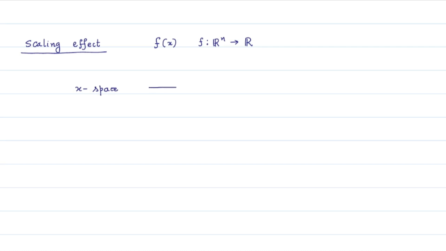Let us suppose we apply a transformation of the variables by a non-singular transformation matrix, say capital T. By the transformation x hat equals Tx, we reach the space of x hat.